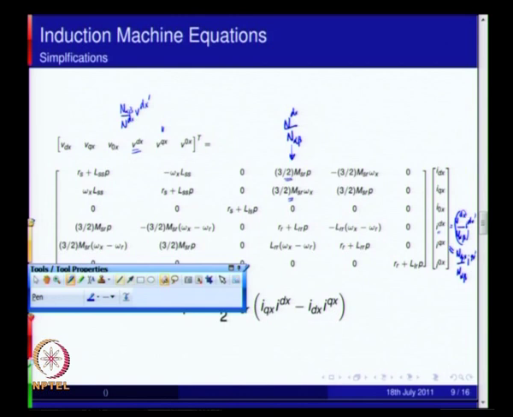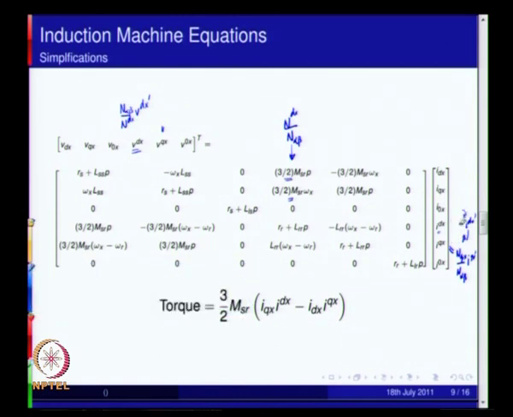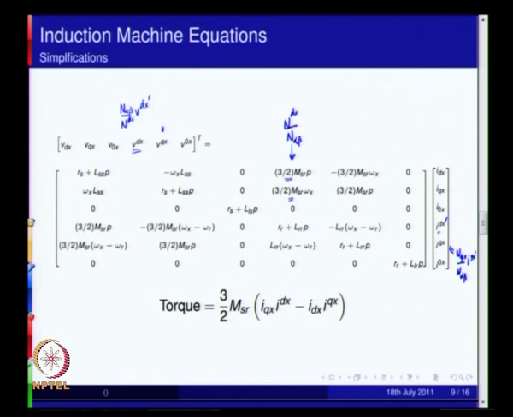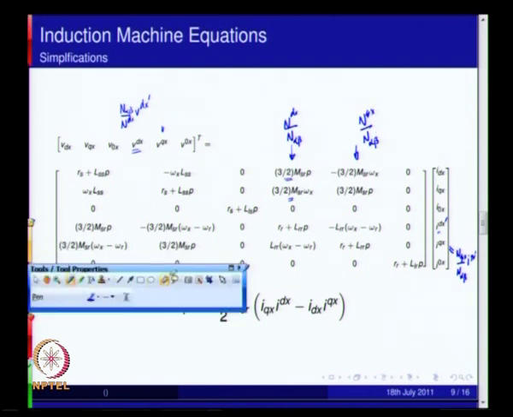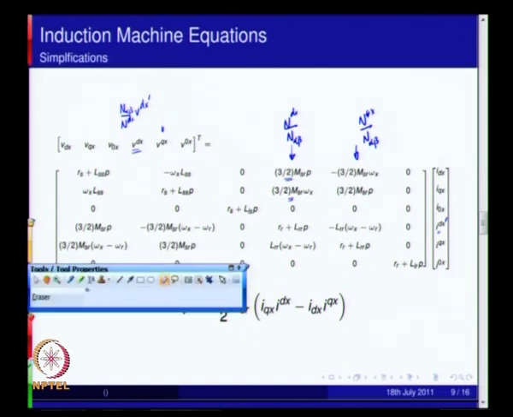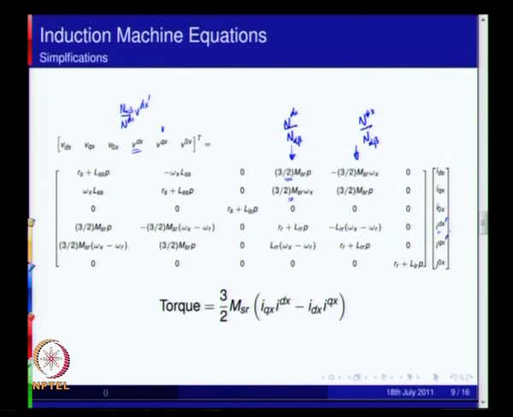You can remove n dx by n alpha beta from here and simply keep this as I dx dash, that n dx by n alpha beta is absorbed into the set of entries here. Similarly, this would also have to be multiplied by n qx by n alpha beta, and then that term can also be relieved from here, and this would then be made qx dash.